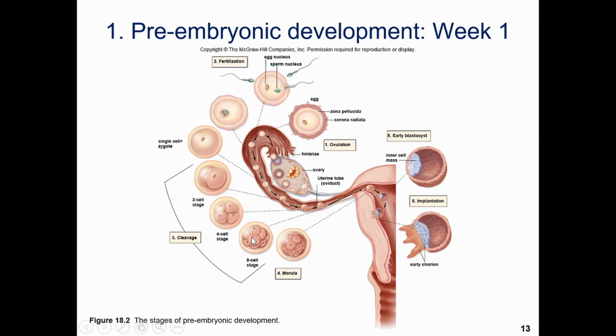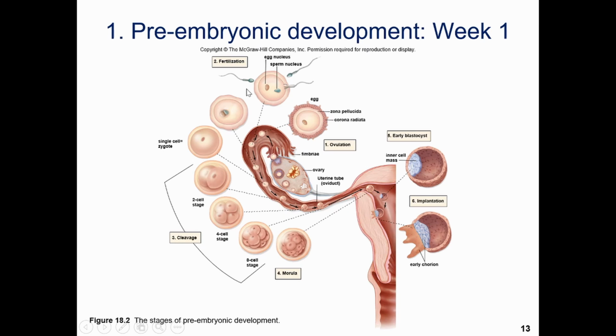We're just splitting ourselves into smaller and smaller cells until we finally form this little morula, this little ball of cells. We then see our first kind of separation of cell types where we have the inner cell mass. This here in purple is going to be what will become the actual embryo. And all of these other cells we see around are going to become part of the chorion, the extra-embryonic membranes.